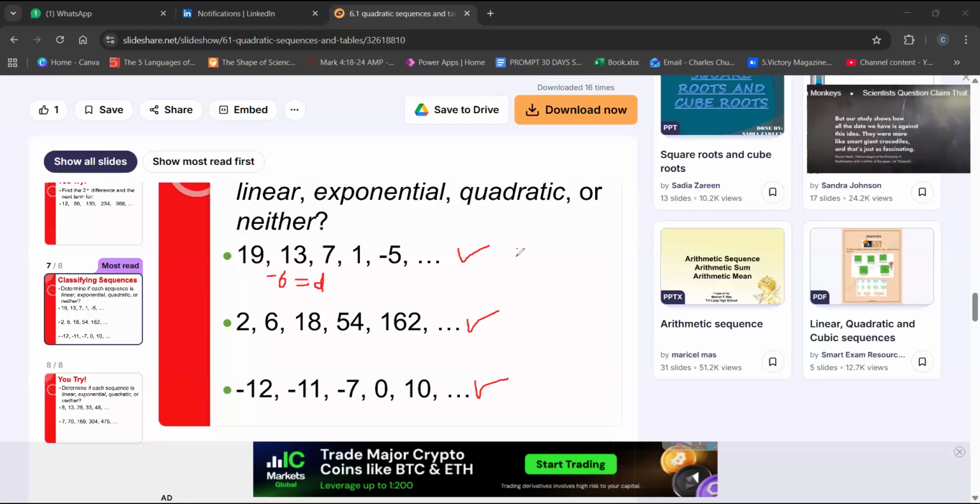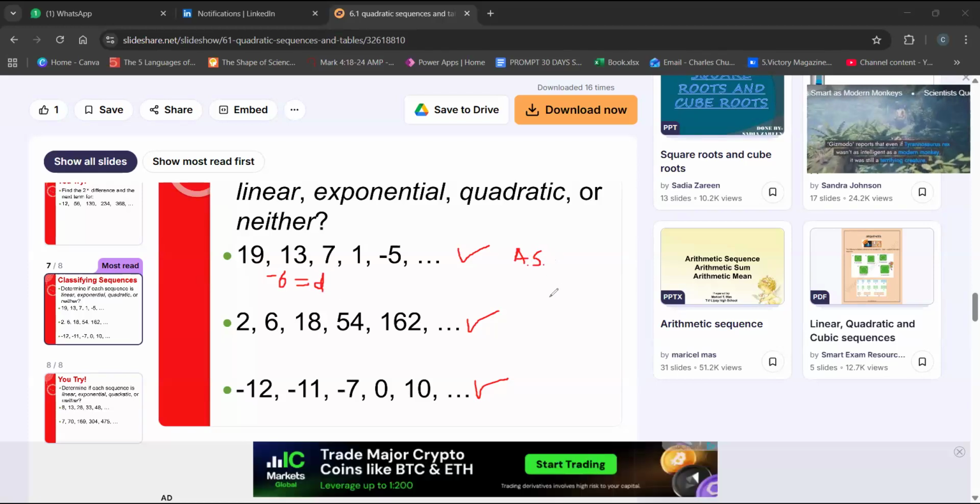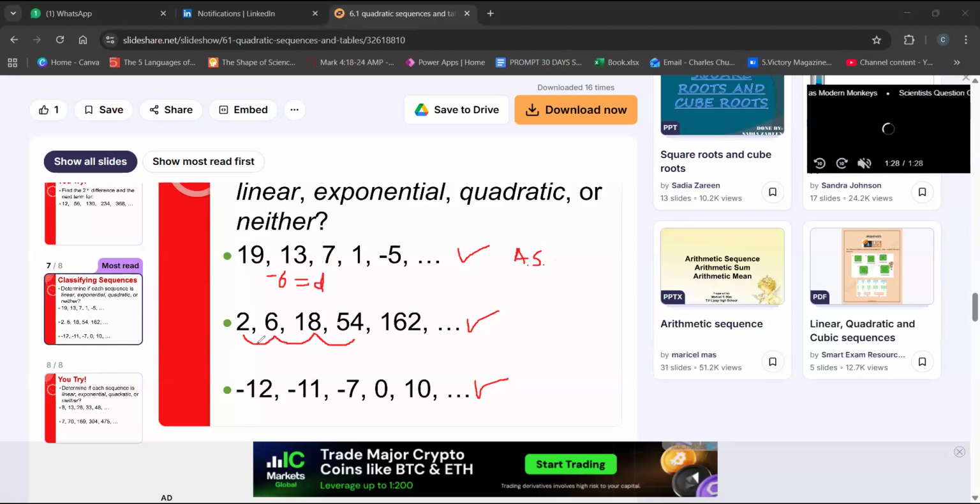What kind of sequence is the next one? We have two, six... I'm not sure about that one because it doesn't match up to be a quadratic. Okay, it doesn't match up to be a quadratic.